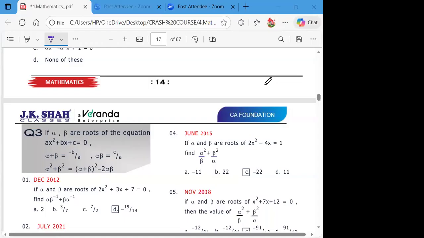Second most important point. If roots are equal in magnitude but opposite in sign, then B is equals to 0.